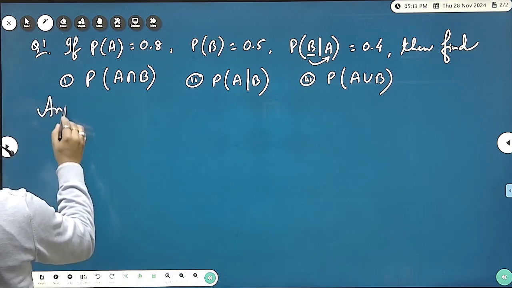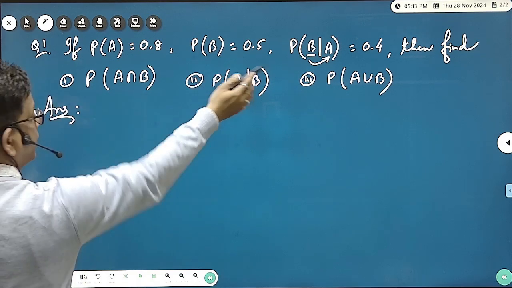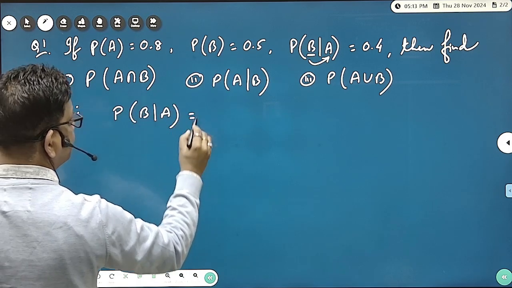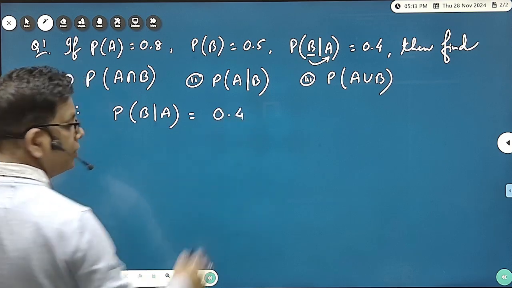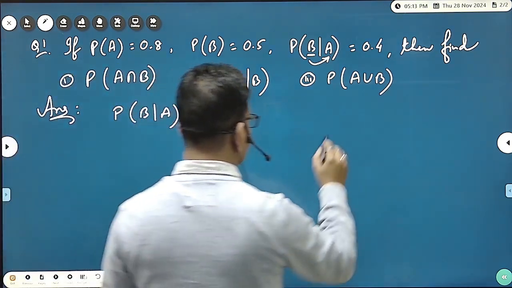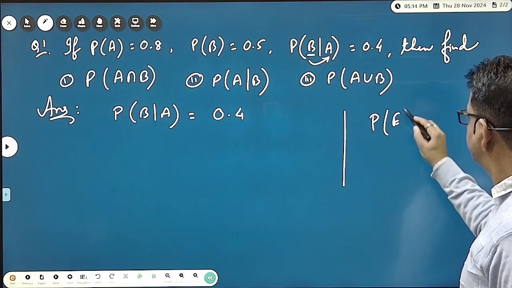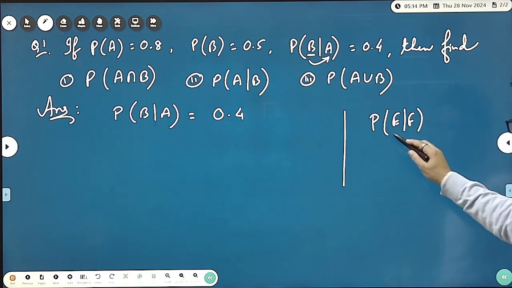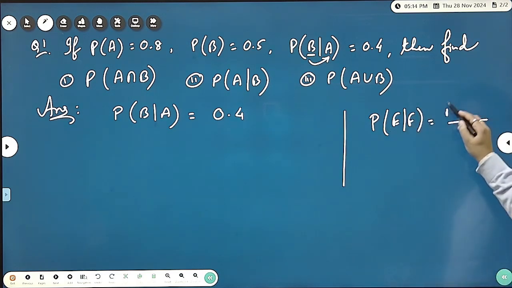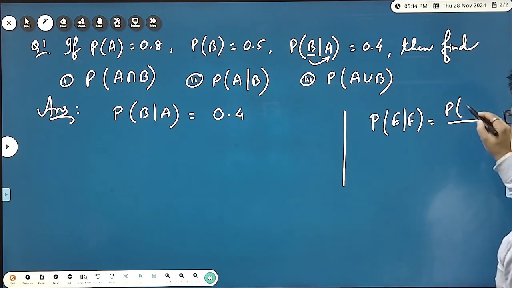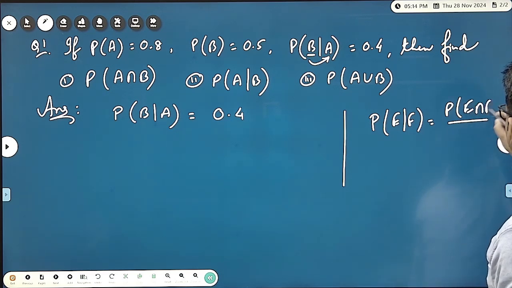When I start the answer, I take the help of P of B conditional on A, which is given as 0.4. In the previous slide I explained P of E conditional on F: the probability of getting E and F, P of E intersection F, divided by P of F.